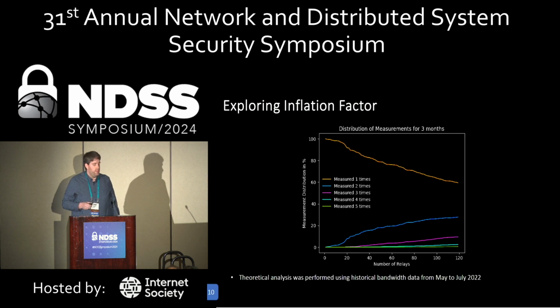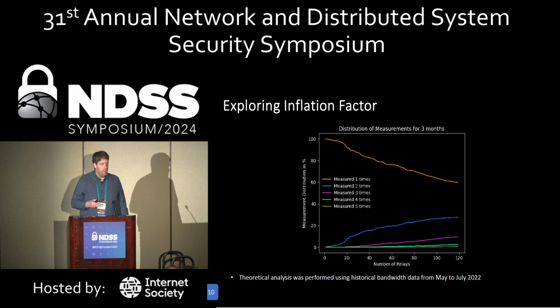We performed a theoretical analysis based on historical data of Tor, and we can see the cluster size, the number of relays put together, and the probability that they are measured one time in this cluster, 2 times, 3 times, 4 times, and 5 times. We can see in the end that these co-measurements rarely occur for a cluster of up to around 120 relays.